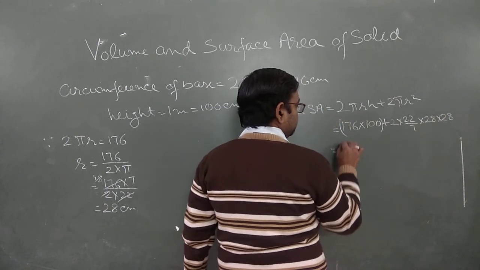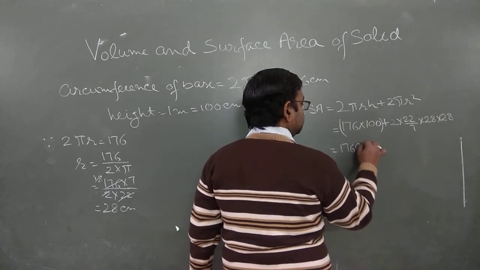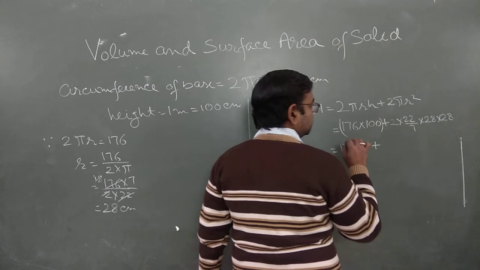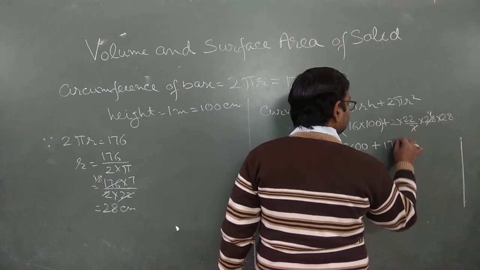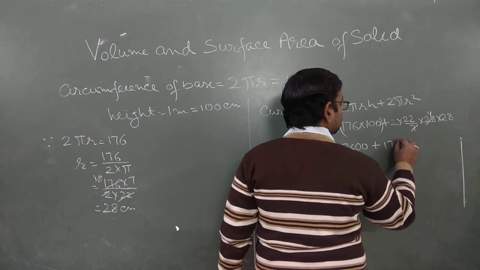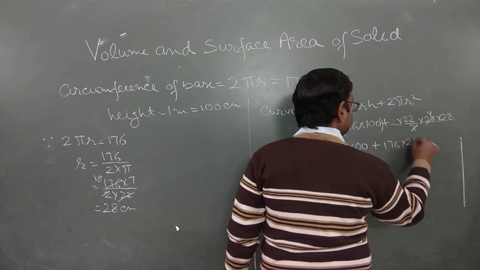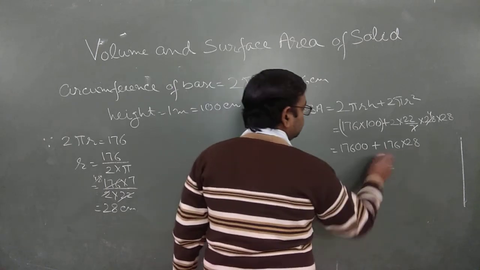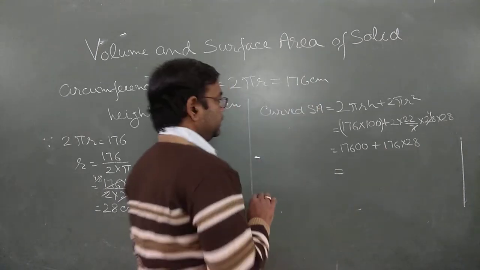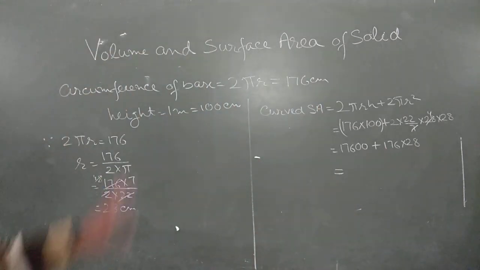See here, 17600 plus 176 into 28. Find the multiplication, multiply it and then solve it. You have the answer. I am not going to solve this for you. I think you are able to solve. Move to the next question.